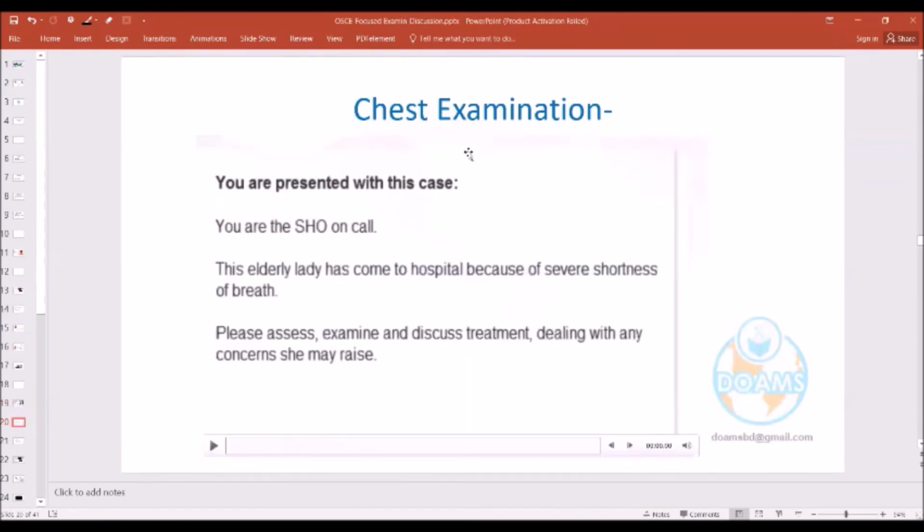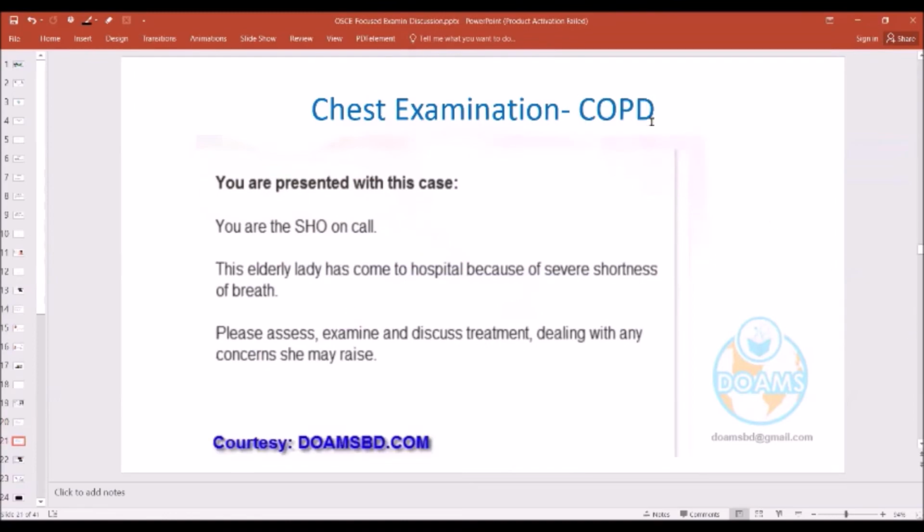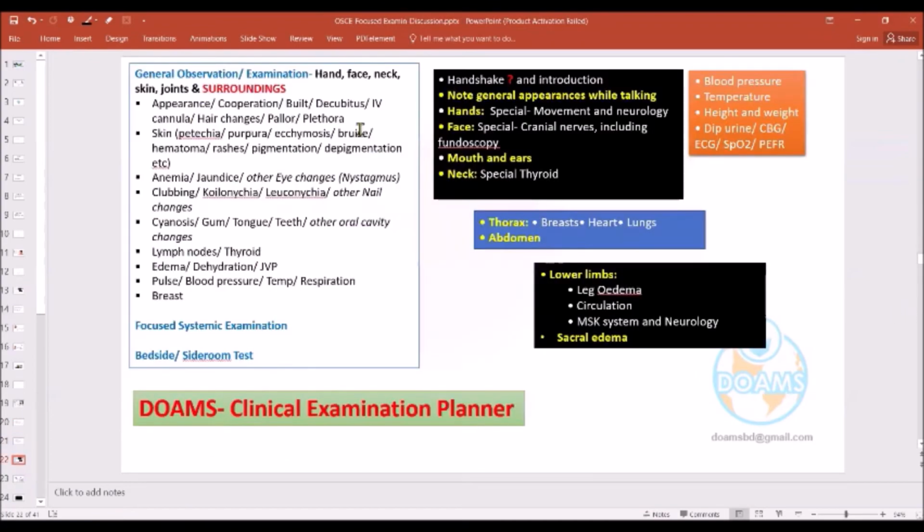This is another video with us. After looking at this video, suppose the patient presented with severe shortness of breath. The diagnosis will be COPD, okay? And again, in the checklist, you will plan yourself what general examination or observation, what focused systemic or local examination is required, and what bedside test, or rather side room test, is important.